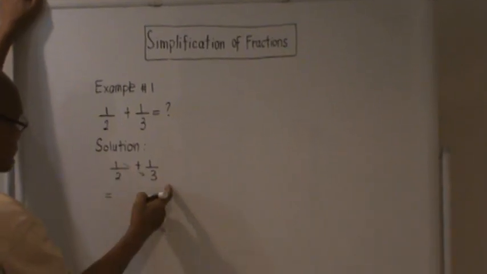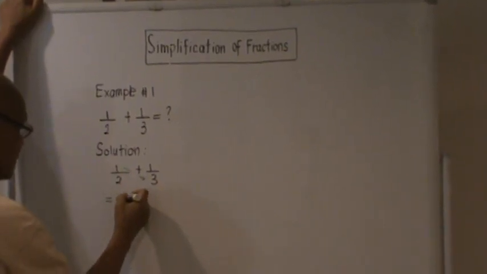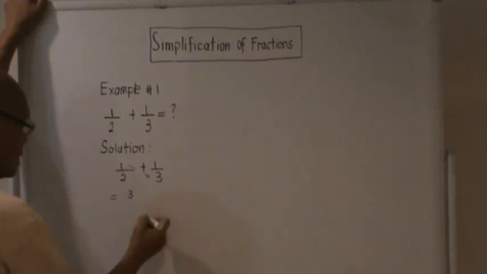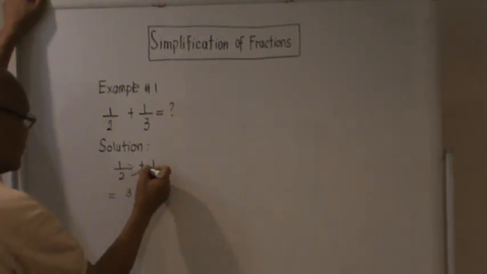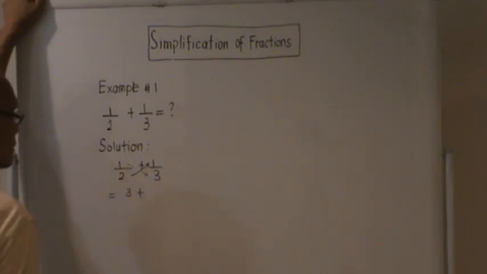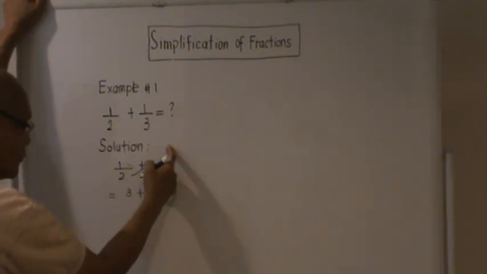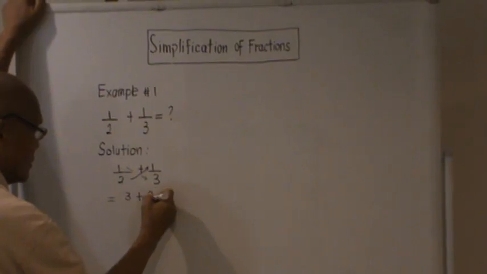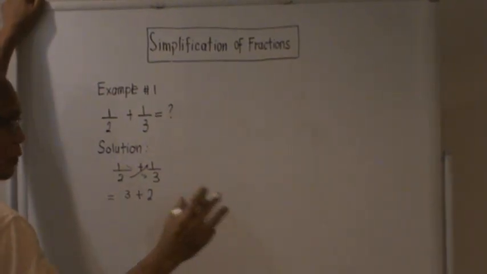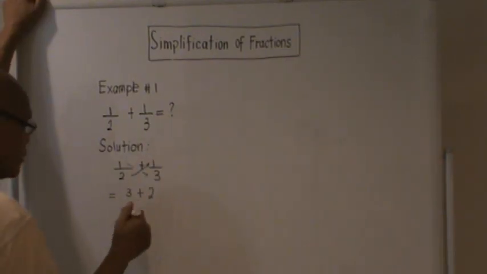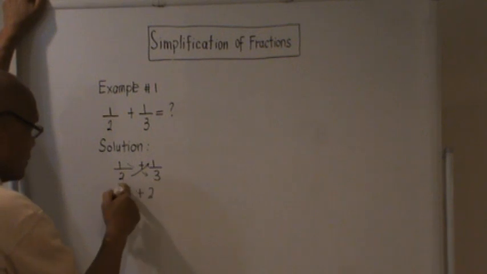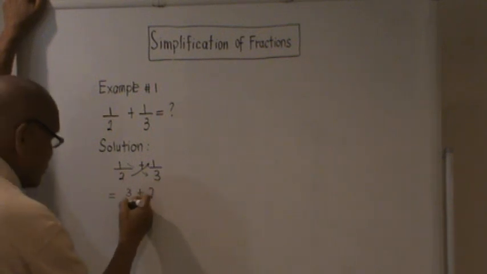So 1 times 3 will be 3, plus we'll be taking the product of this. 2 times 1 will still be 2. That's the complete numerator. And the resulting common denominator will be the product of this. Okay, so 2 times 3 will be 6.